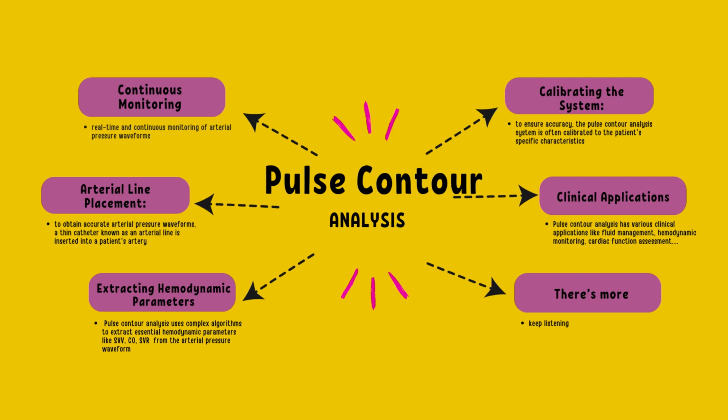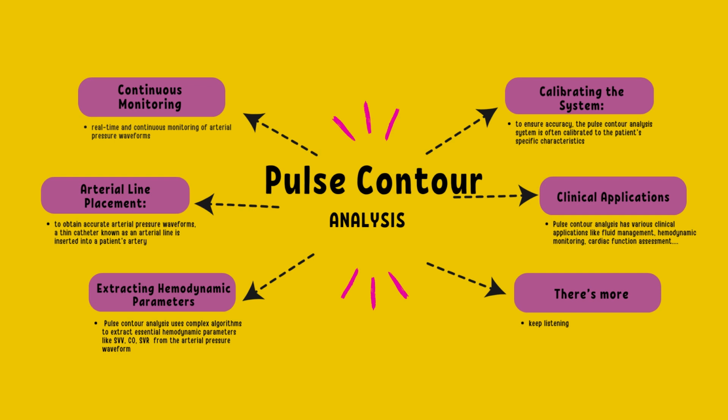We find pulse contour analysis at work in various clinical scenarios. Hemodynamic monitoring: anesthesiologists and critical care teams use it to keep a close eye on a patient's cardiovascular health. It's like having a dashboard for the heart's performance during surgery or in the ICU.